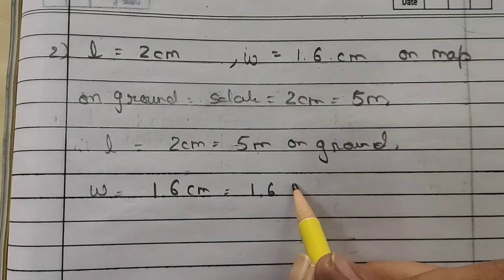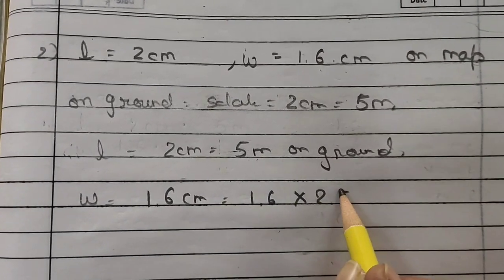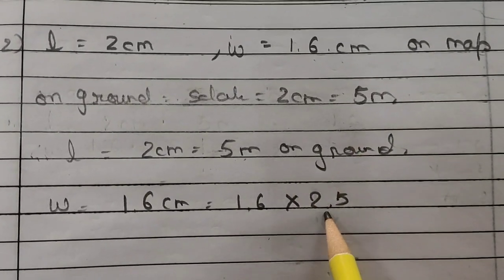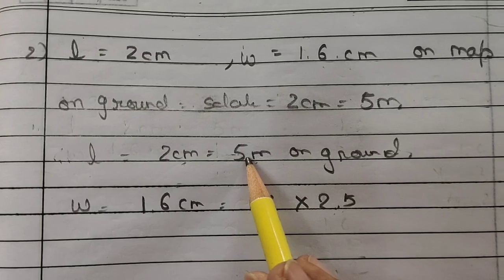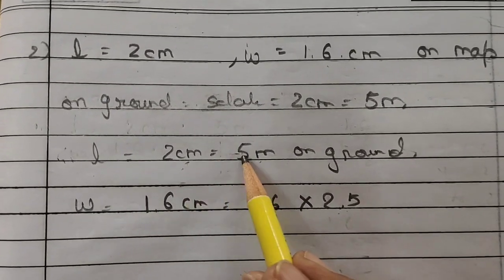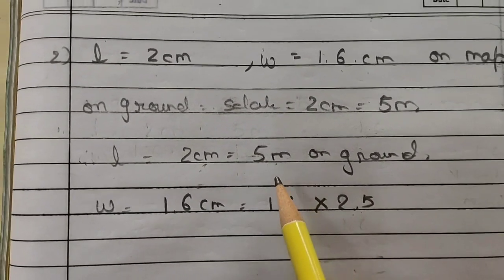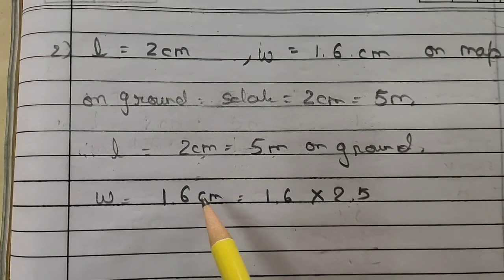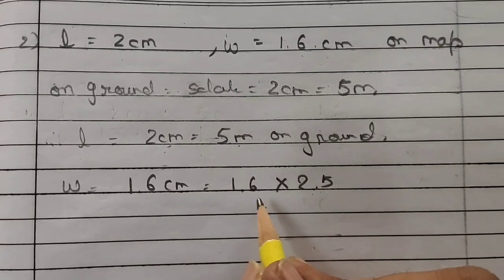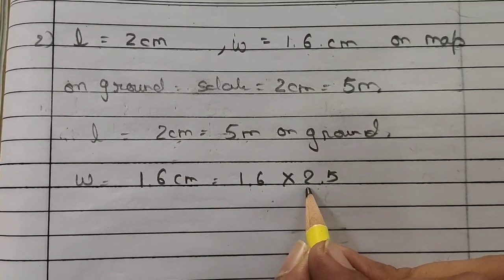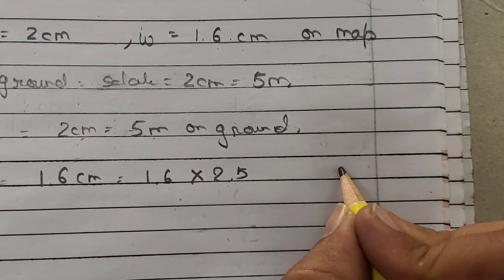So we will multiply it by 2.5. Why have I multiplied it by 2.5? Because 2 centimeter equals 5 meters, so 1 centimeter will be 2.5 meters. So 1.6 multiplied by 2.5. Let's multiply it.